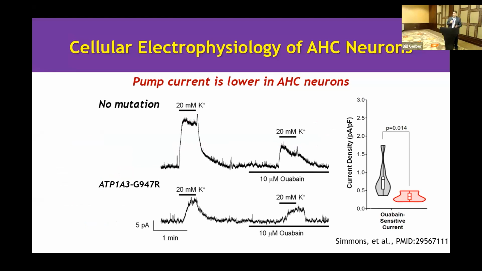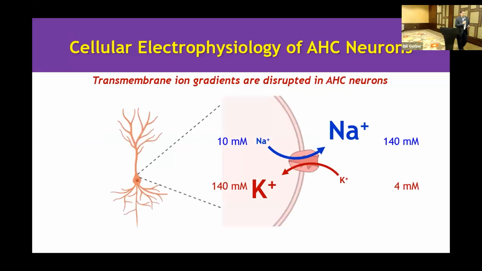Now that has consequences, and we've tracked those consequences now quite a bit. One of those consequences is these concentration gradients that are established by the pumping by ATP1A3 are not as robust.